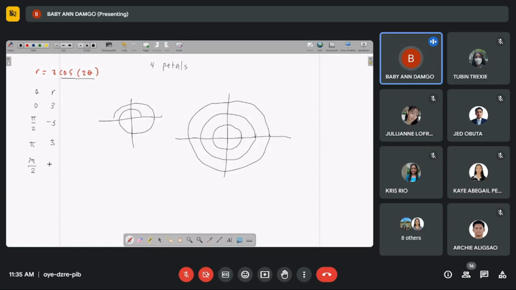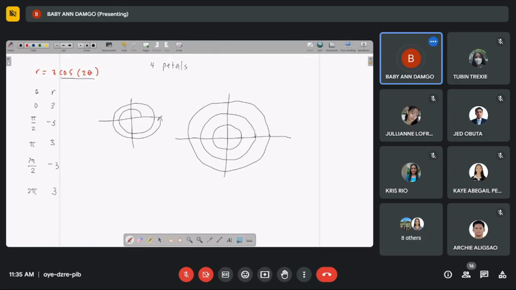So it's negative 1 times 3, it's negative 3. And then we have 2 pi. So cosine 4 pi. Okay, so it's like 2 pi, it just has two revolutions. So cosine 4 pi is positive 1 times 3, so we have 3.